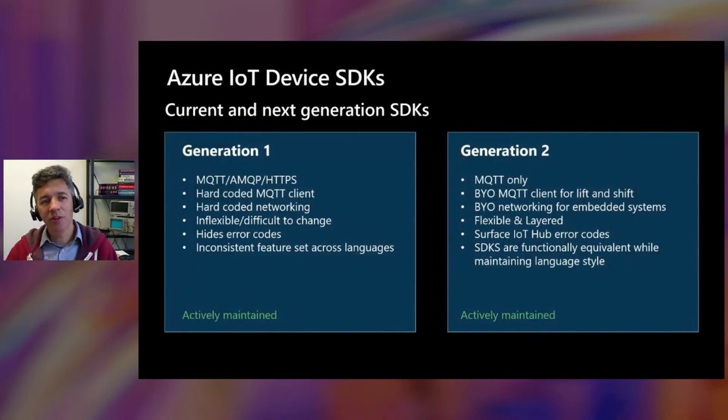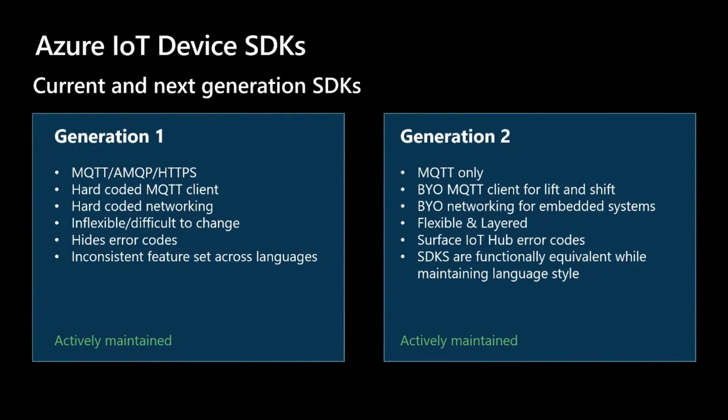Which leads me to this next point, which is looking at the next generation of our SDKs. So let's take a closer look at this. Currently, what we have are the generation 1 SDKs. They are built to support all of MQTT, AMQP, and HTTPS. They pretty much bring their own MQTT client. We call that hard-coded because it's hard to change that for another client library if you don't like the one we have.